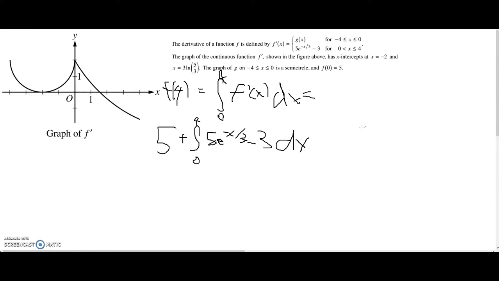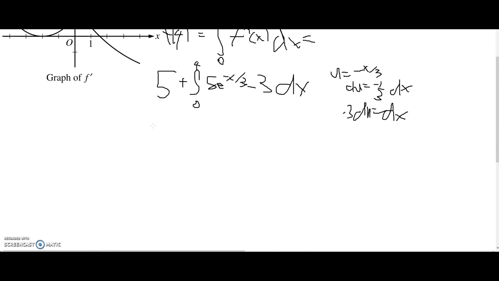So we're going to use the u substitution here, and I'm going to set u equal to negative x over 3, take the derivative, and I get du equals negative 1/3 dx. So negative 3 du equals dx.